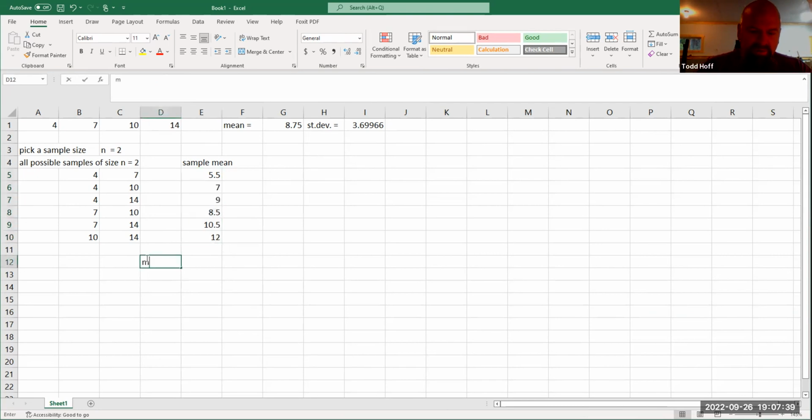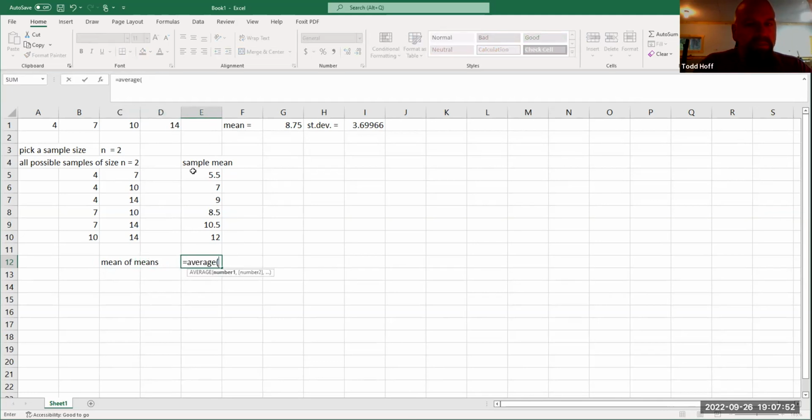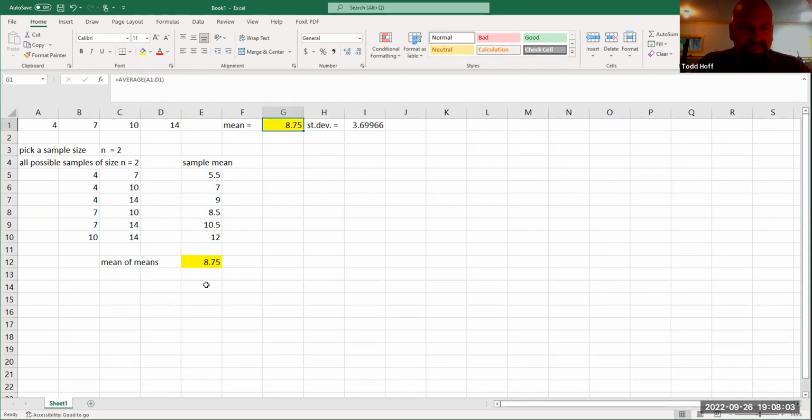But now we have the mean of these means. I'm going to go over a notch. And that is going to be the average. There. And notice that is exactly the same as our population mean.